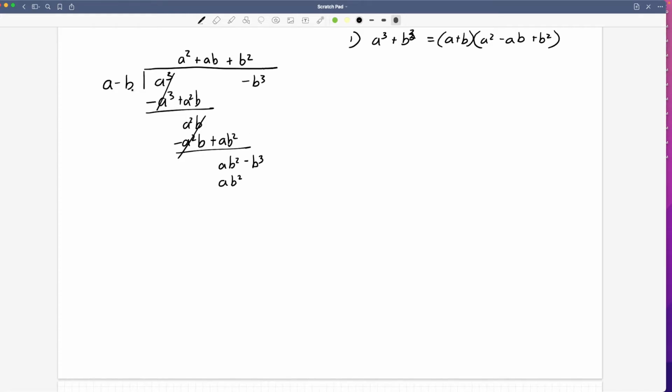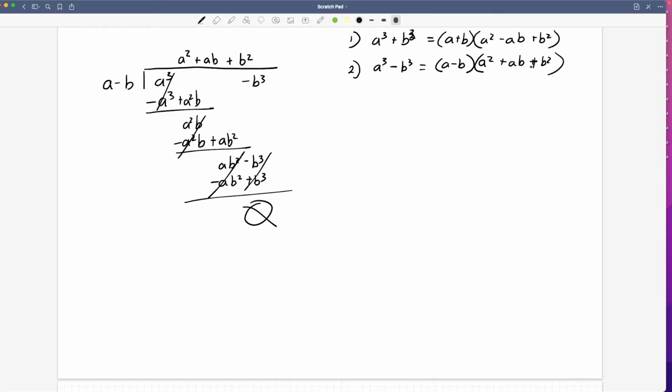Positive b squared times b is going to be a negative b cubed. So we change the sign, and we cancel, and we have no remainder. So it tells us the second form, a cubed minus b cubed, is going to be equal to a minus b times a squared plus ab plus b squared.